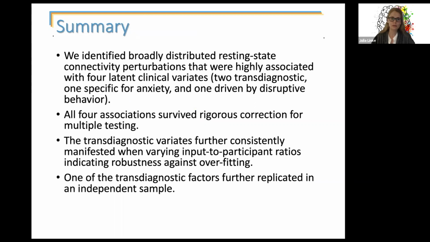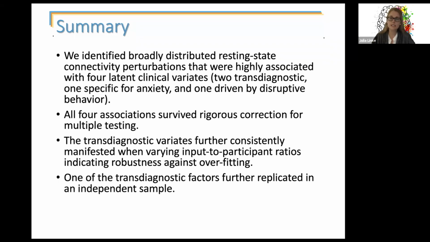So to summarize the study, our goal was to identify associations between clinical symptoms or symptom measures and resting state connectivity. And in our discovery data set, we were able to identify 4 of such latent clinical variables, 2 of them being transdiagnostic and 2 specific to symptom dimensions of anxiety and disruptive behavior.